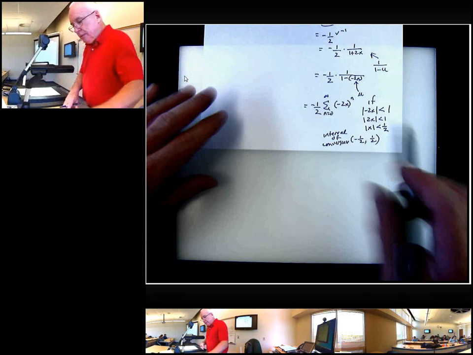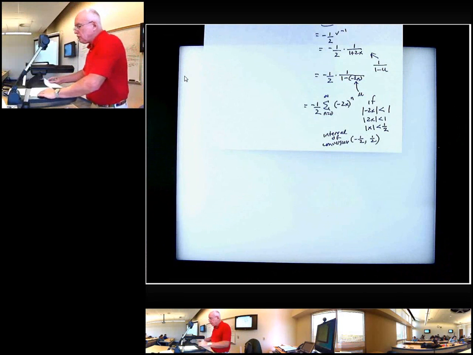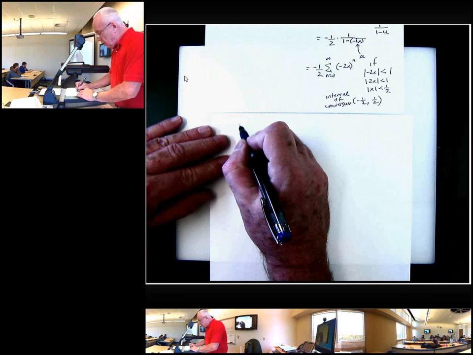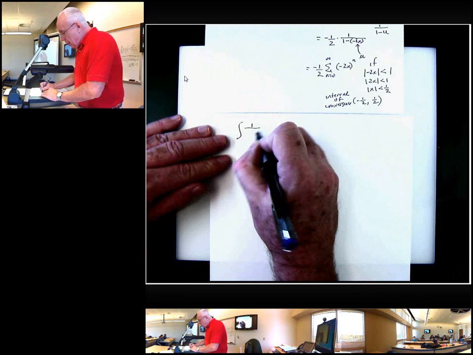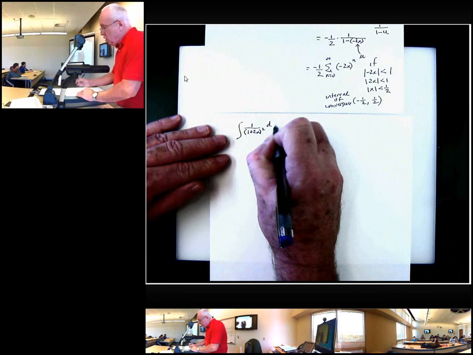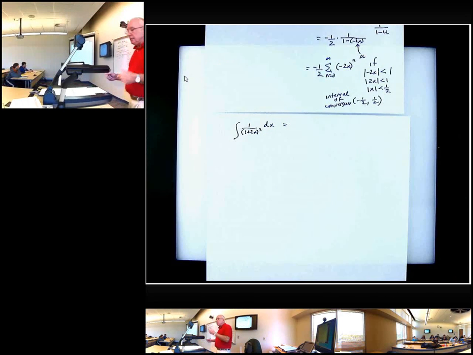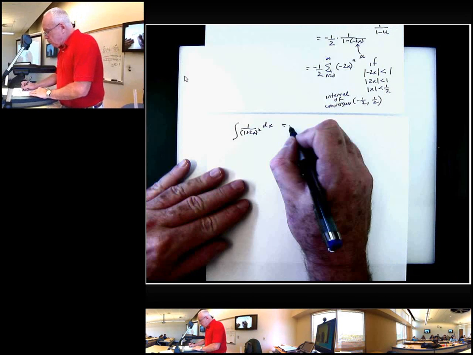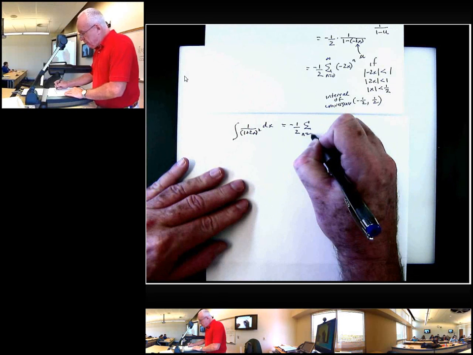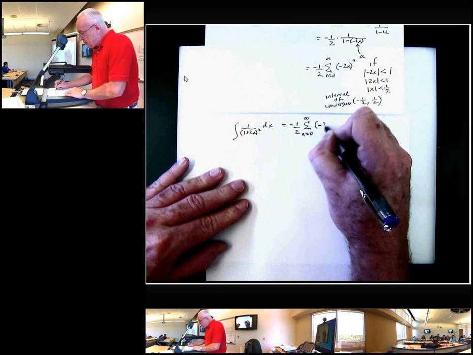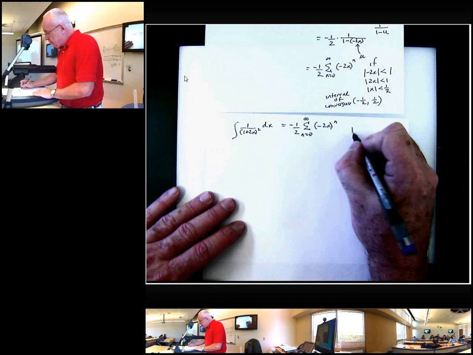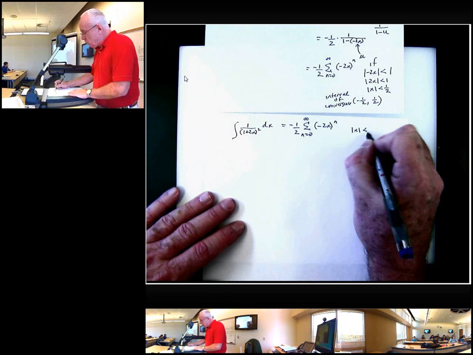Let's get another piece of paper here. So what we have found out is this, that the integral of 1 over (1 plus 2x) squared dx equals this power series, -1/2 times the summation n equals 0 to infinity of (-2x) raised to the n power, as long as the absolute value of x is less than 1/2.